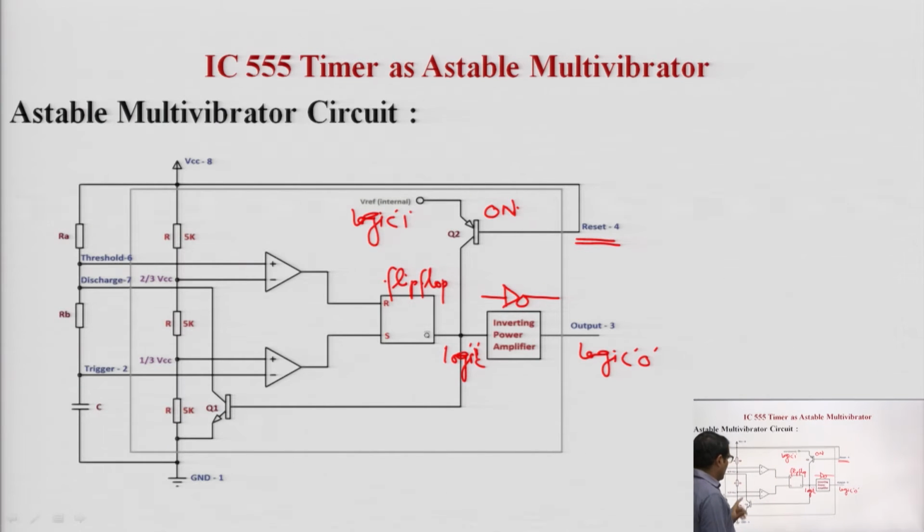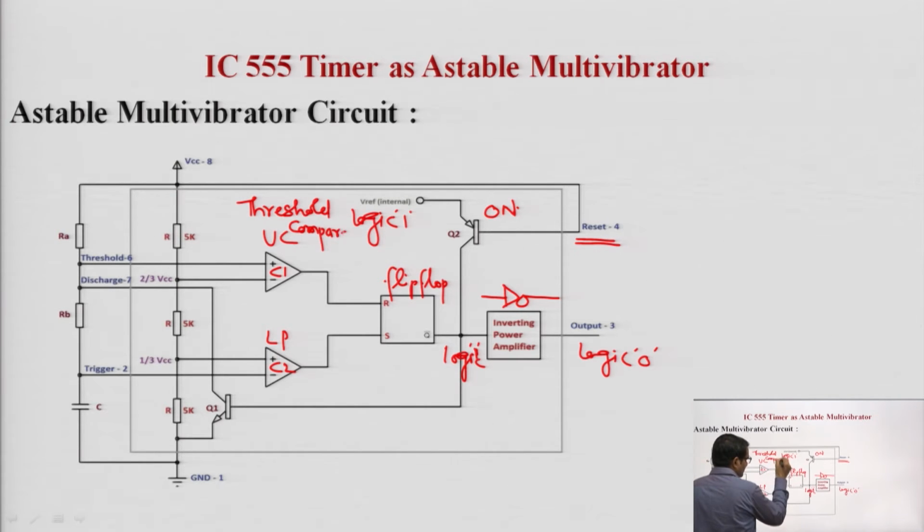Now this is the op-amp as comparator C1, and this is C2. C1 is also defined as the upper comparator or threshold comparator in some books, and C2 is the lower comparator, the trigger comparator.